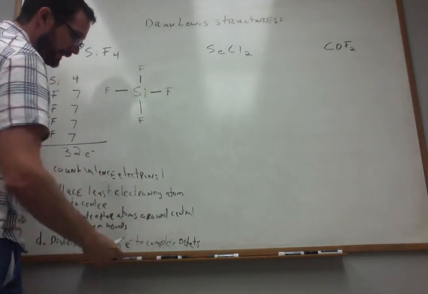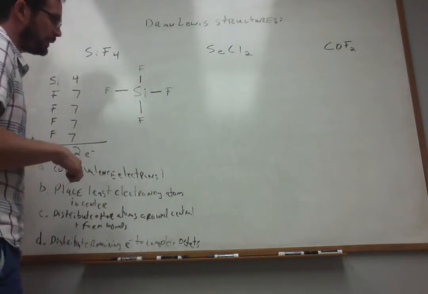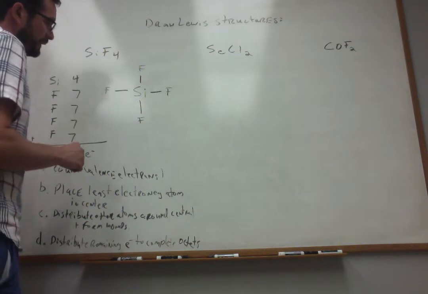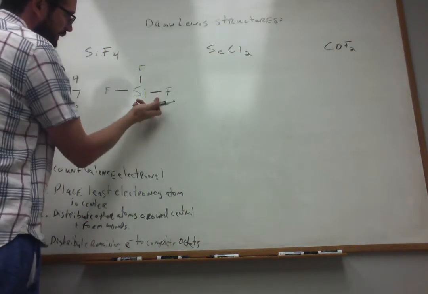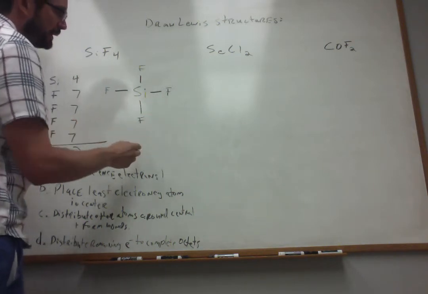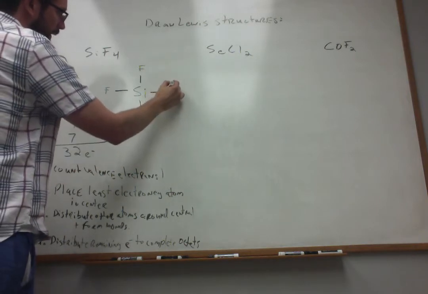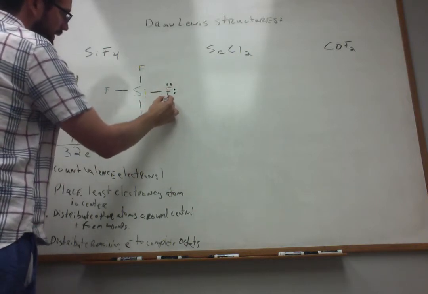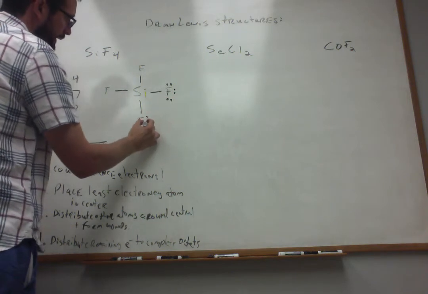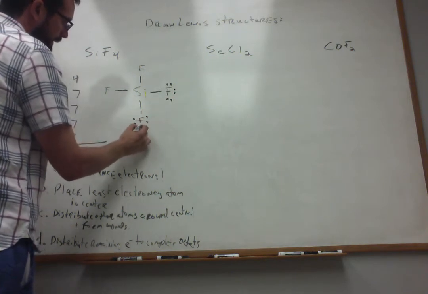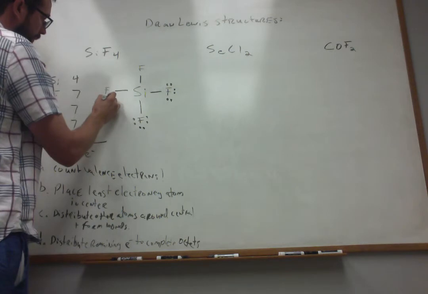It complies with this octet rule, right? But as it's written right now, these fluorines only have the bonding pair, which is 2. And that's not so good for fluorine, because fluorine loves to have electrons, right? Highly electronegative. It's not going to be happy with only 2.